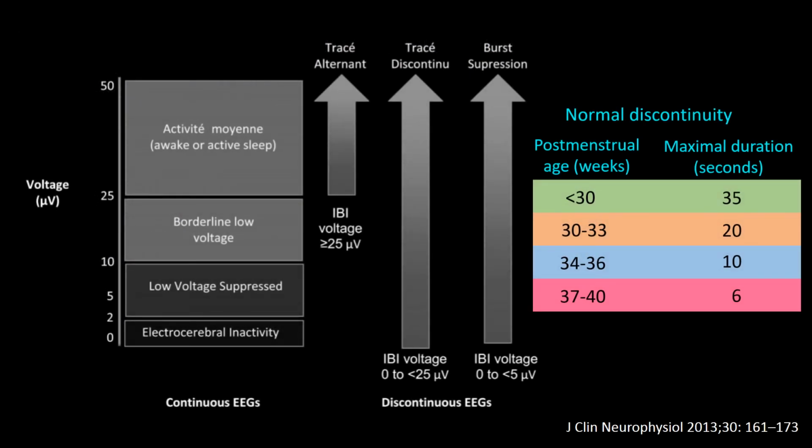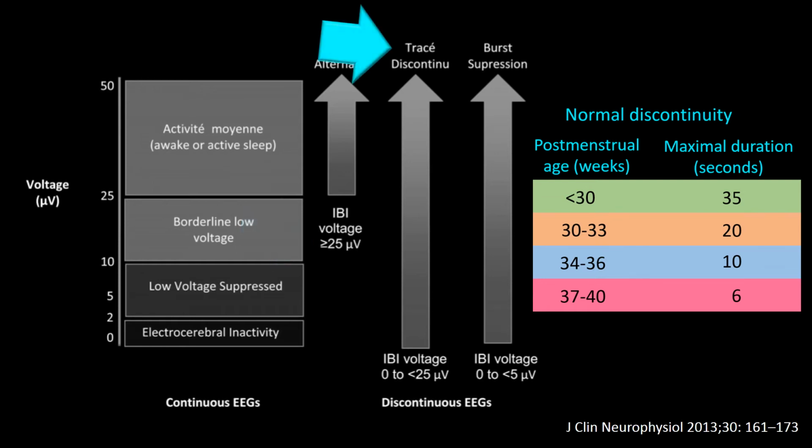The black and white element of this frame is from an article published in 2013. The term discontinuous EEG is presented, and for it shows three options. Tracé alternant with an interburst interval amplitude of 25 microvolts or more.